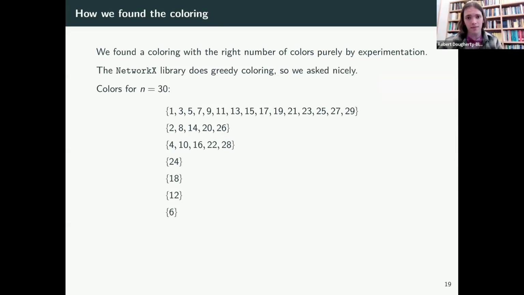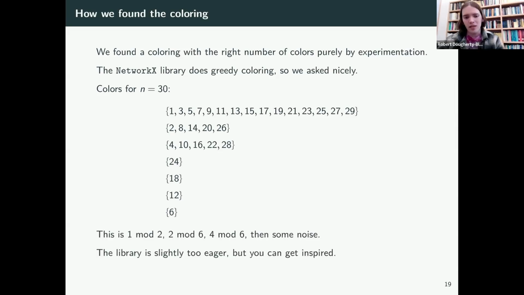And if you start to look at them, you see some pretty obvious patterns. The first color is very clearly the odd numbers up to 30: 1, 3, 5, 7, 9, 11, etc. The next one is 2, 8, 14. That's 2 mod 6. The one after that is 4, 10, 16. That's 4 mod 6. And then, okay, 20. Well, then the pattern kind of breaks down.